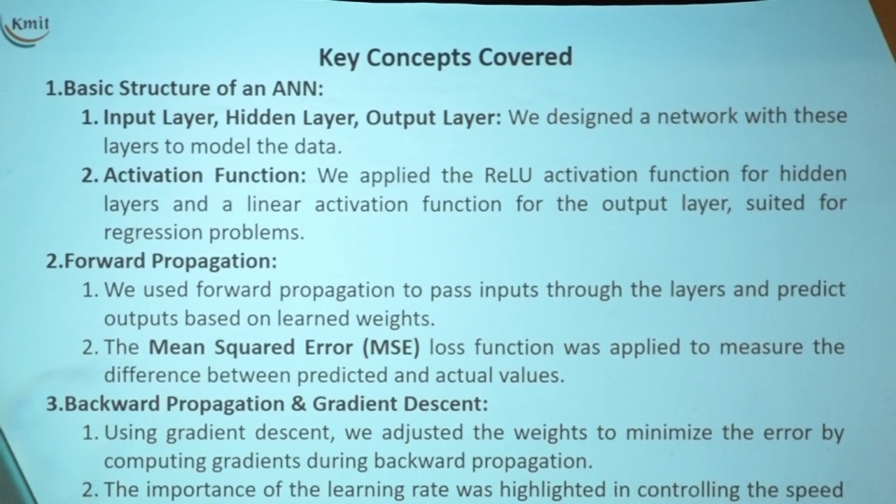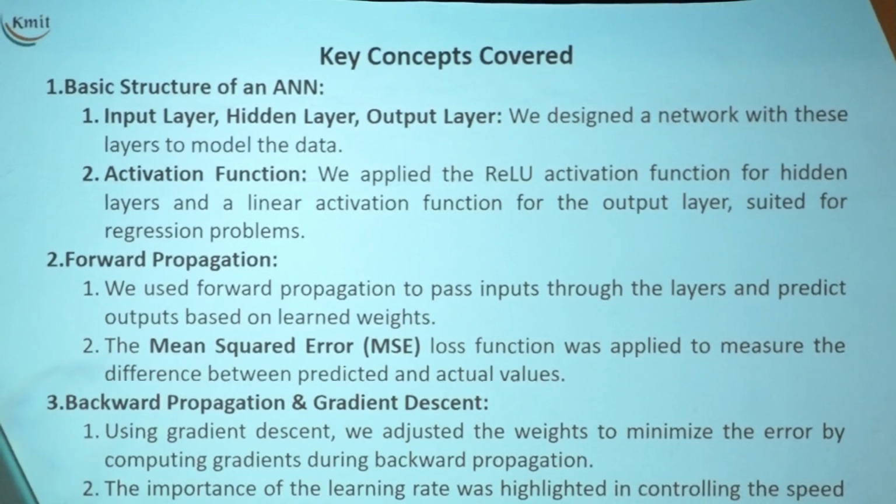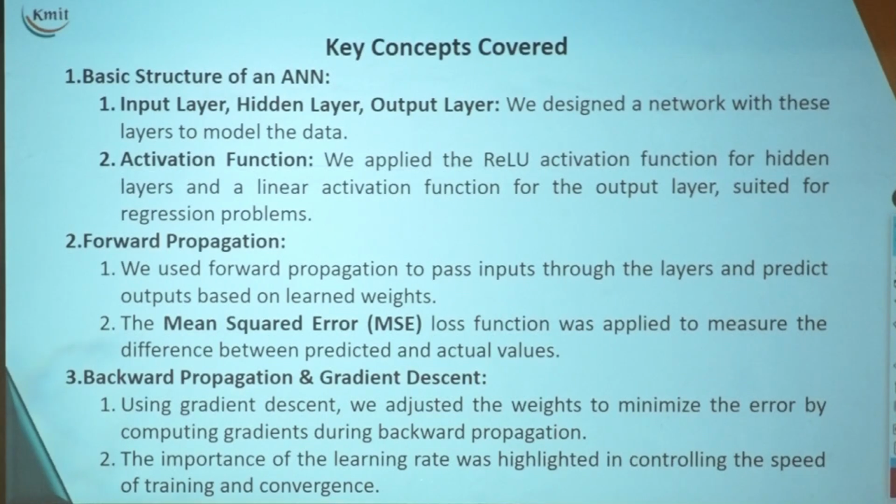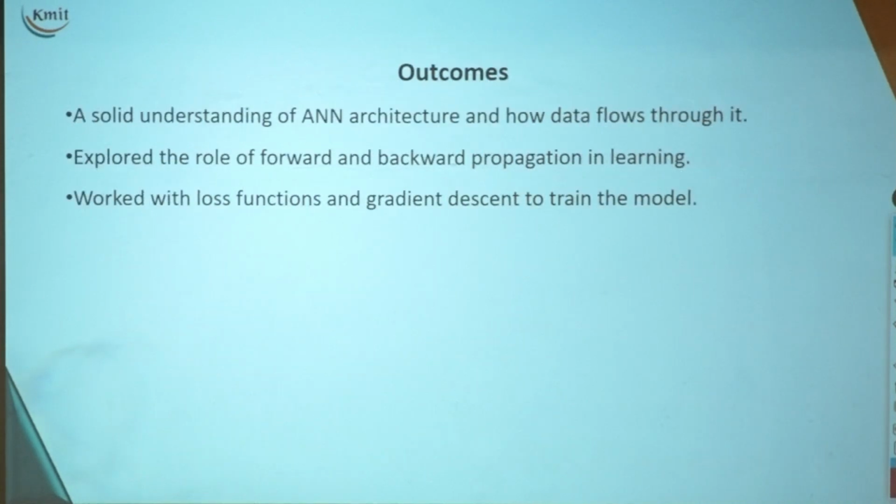First, we define the basic structure of the ANN and then forward propagation. After forward propagation we used a loss function, which was MSE, and then we calculated backward propagation with gradient descent. So what did we understand from exercise 1?